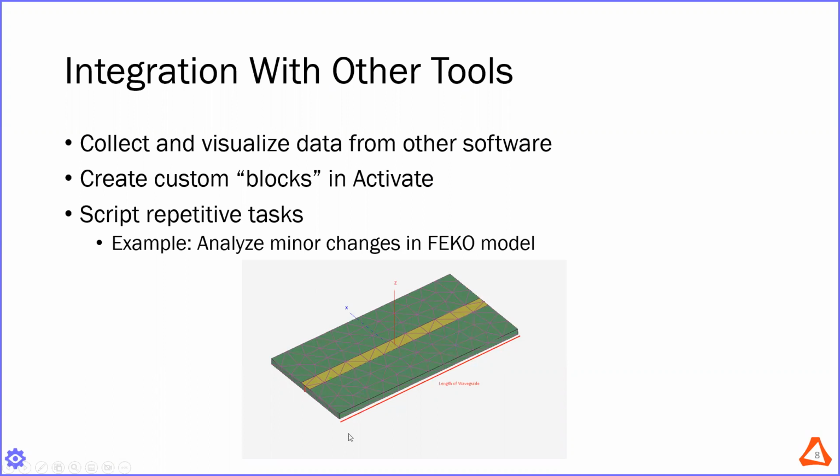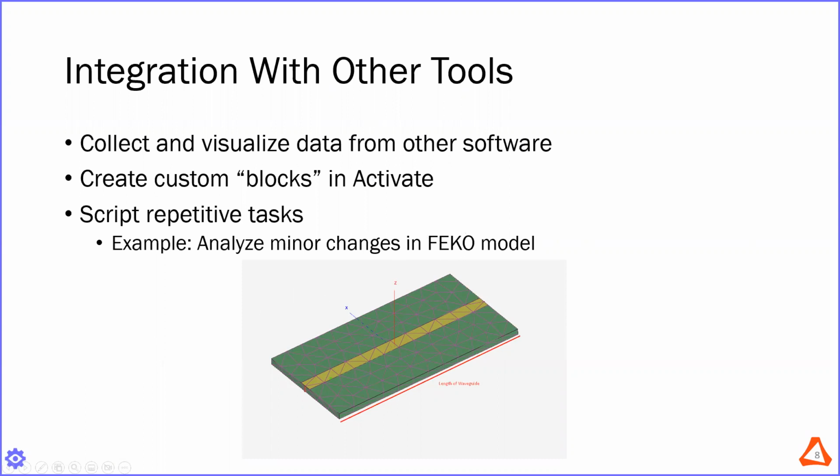Say we define this length as a variable, and we want to see it from 45 millimeters up to 55 millimeters. I believe those are the numbers I used. We can run that and have it step through those values. I just had it go one at a time, from 45, 46, 47, and so on, to keep it from taking too long. And then we simulate it, and we can extract those S parameters and pull that all into Compose.